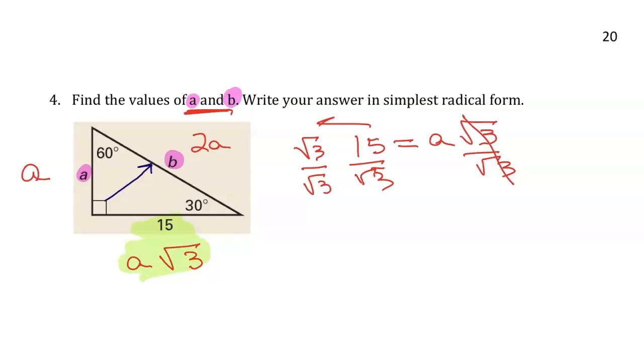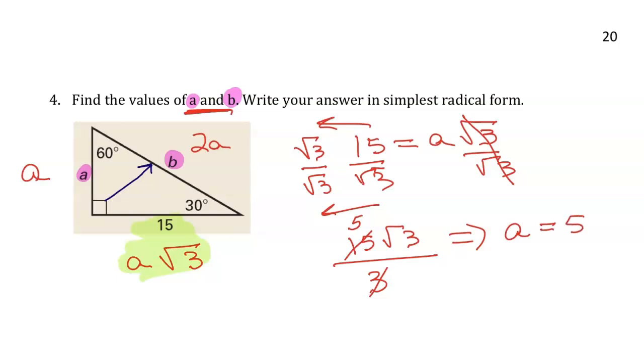Then you multiply straight across. What do you get? In the numerator, you're going to get 15 root 3, and in the denominator, you get root 3 times root 3, which is just plain old 3. 3 goes into itself 1 time, 3 goes into 15 5 times. I am getting, as a result, that A equals 5 root 3.